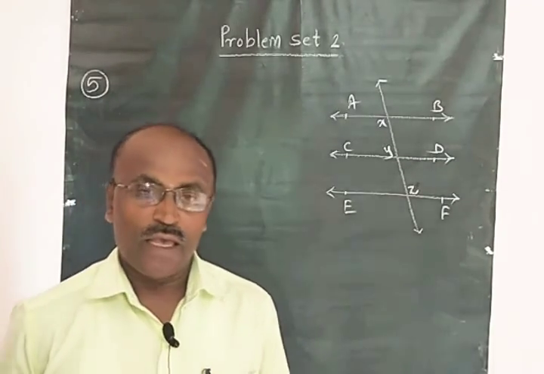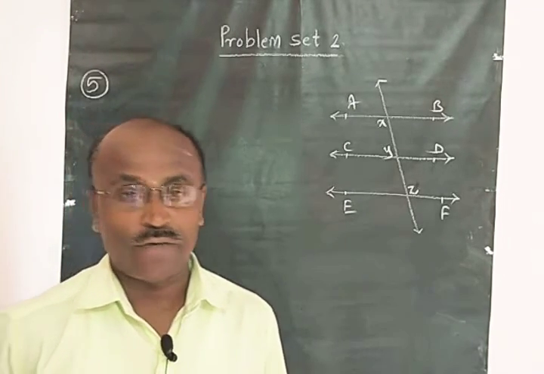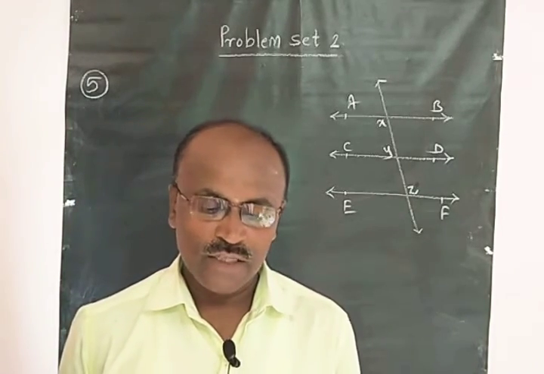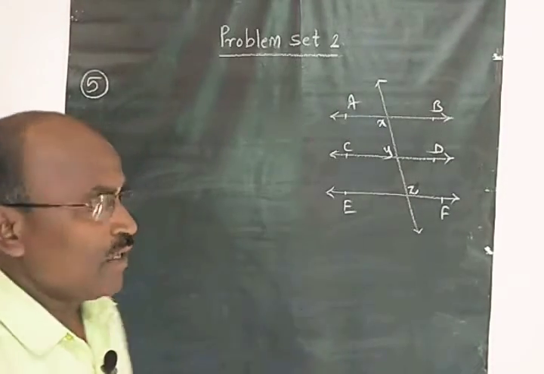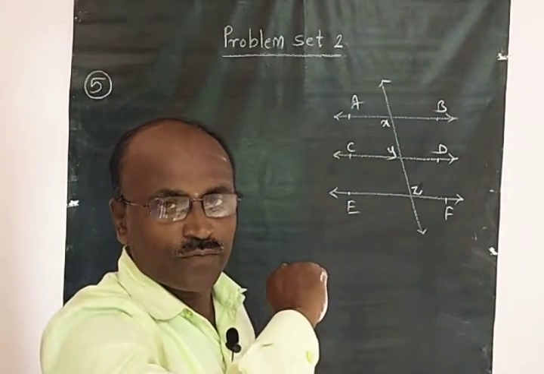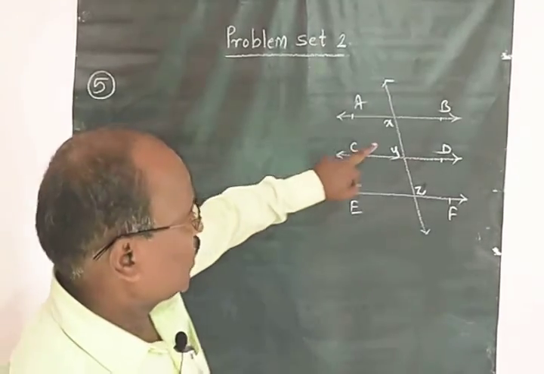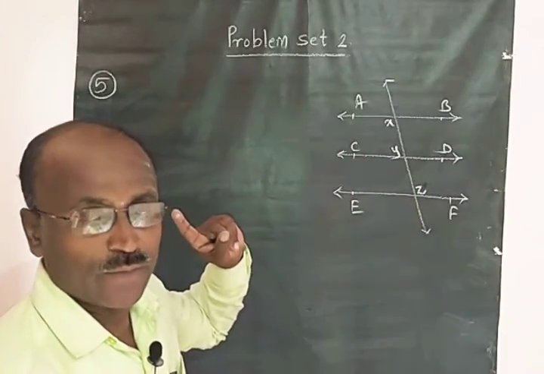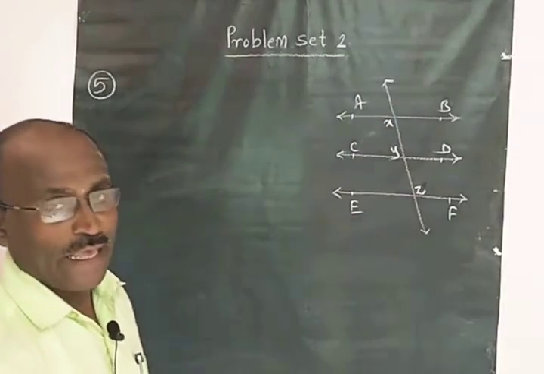If Y to Z is equal to 3:7, that means the ratio of Y and Z is 3:7, then find the measure of angle X. Here these three lines are parallel. The ratio of angles Y and Z is given, and from that we have to find the value of X.